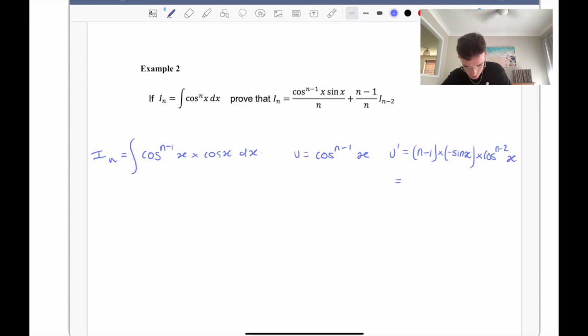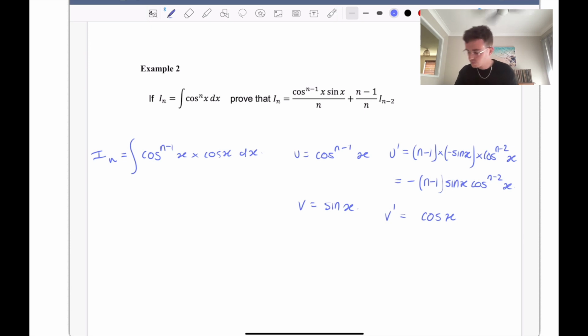So that's equal to minus (n-1) sin x cos^(n-2) x. That means v dash has to equal cos x, because that's the other function left in the question, which means v is sin x, because the integral of cos x is sin x.